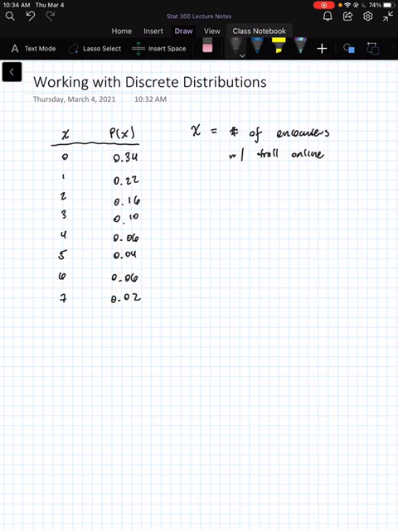And this is from a sample of 50 people who are habitual social media users.